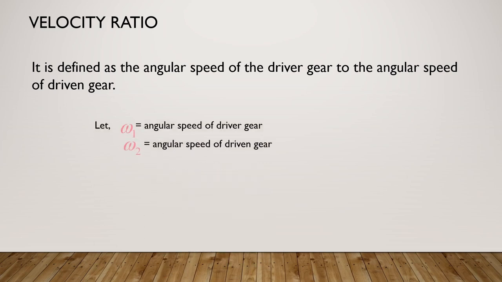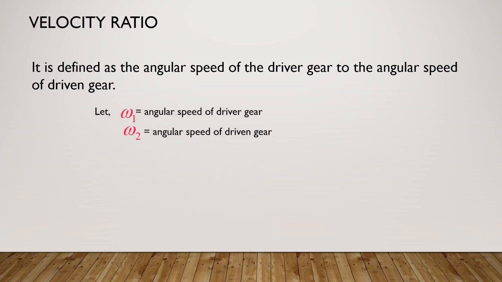Let omega 1 and omega 2 be the angular speed of the driver gear and driven gear respectively. According to the definition, velocity ratio is usually written as VR. So it is omega 1 by omega 2. What is the formula to calculate omega? We already saw in module 2 that omega is equal to 2 pi n by 60, where n is the speed.